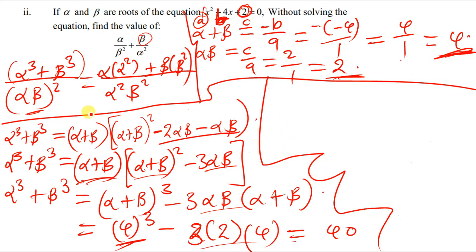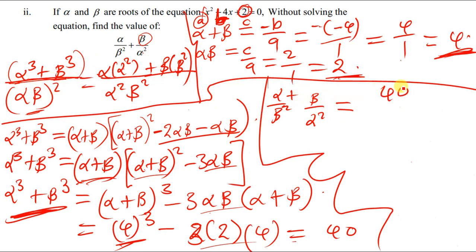So we can now replace the alpha cubed plus beta cubed, which is the numerator there, with 40. So we're going to say alpha over beta squared plus beta over alpha squared is equal to, so what is alpha cubed plus beta cubed?